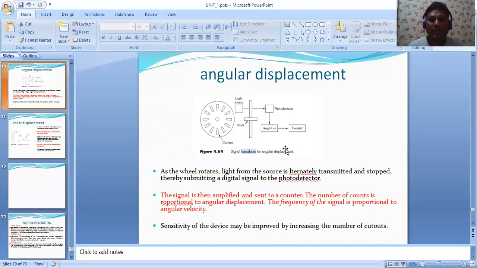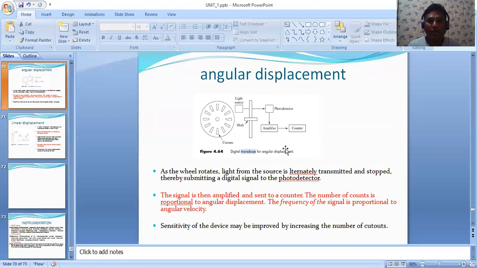The first one is the angular displacement. In the angular displacement, we use the input of a light source. So the photoelectric device converts the light source to current. Current is the output of the process of the transistors.